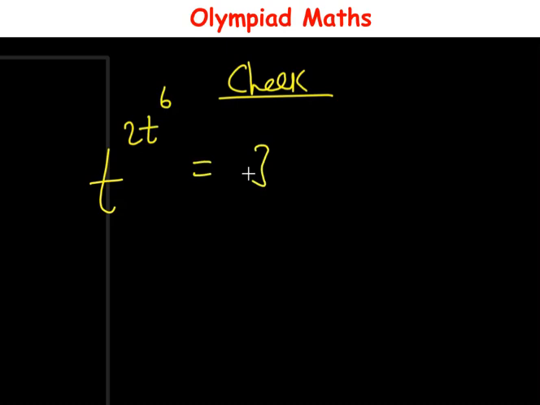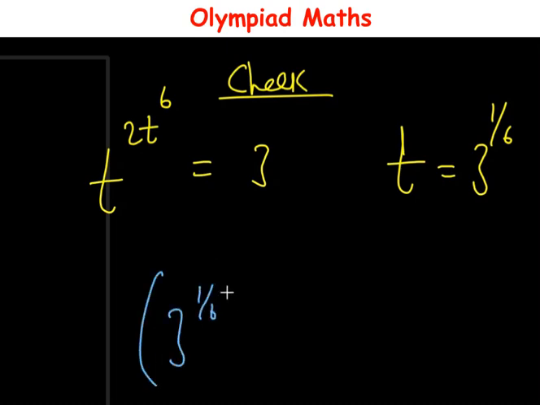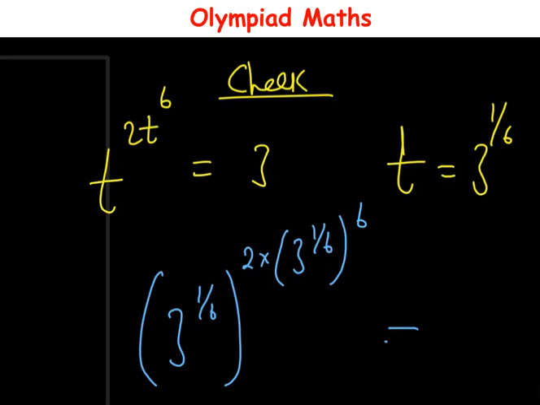Now, the value of t that we got is t equal to 3 raised to power 1 over 6. So, putting this into the equation, what we then have is, in brackets, 3 raised to power 1 over 6, then raised to power 2 times, in brackets, 3 raised to power 1 over 6, then all raised to power 6. With this equal to 3?